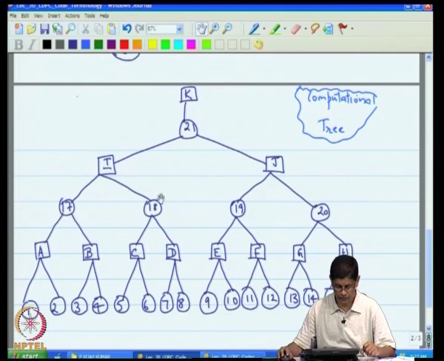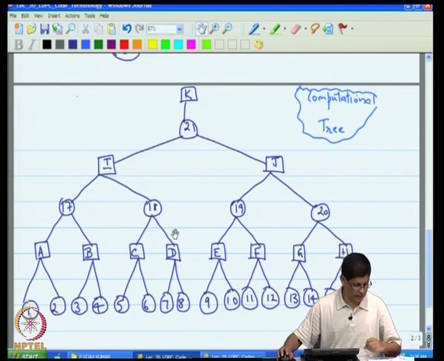The neighborhood of a node up to a certain depth is basically a collection of edges and nodes that is traversed by paths whose length is at most d. For example, if you are looking at the neighborhood of this node of depth 1, then that would include these 3 nodes and these 3 edges. If you were to go to depth 2 and look at the depth 2 neighborhood of this node, then that would include these 2 edges, these 2 nodes, these 6 nodes and these 6 edges.